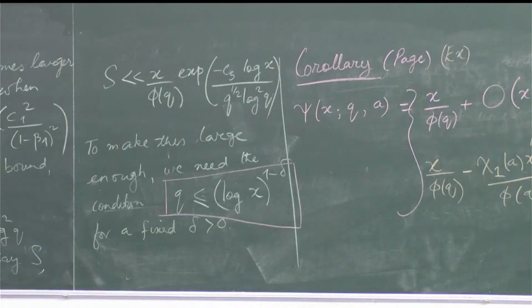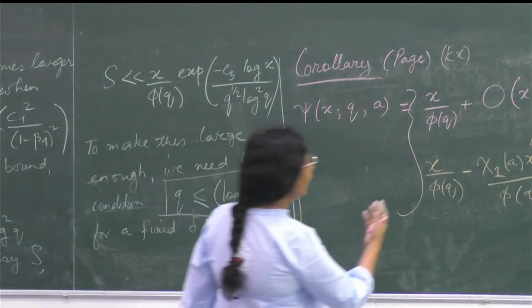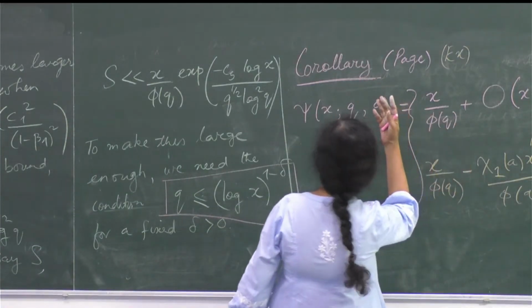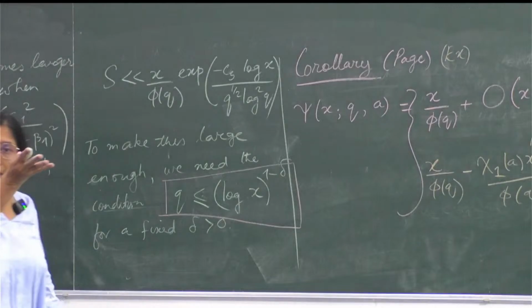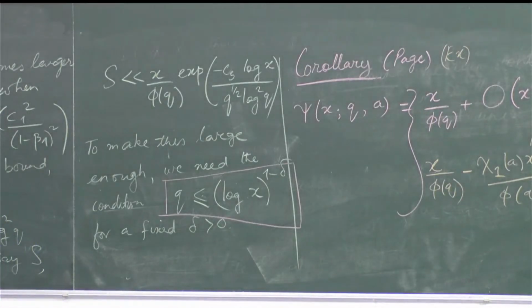This is minus. So if I write it as a negative, then the other way it becomes positive. What I'm writing here is only chi1a x to the power beta 1, etc. When you write it as negative, if this one is smaller, then the other one is bigger.